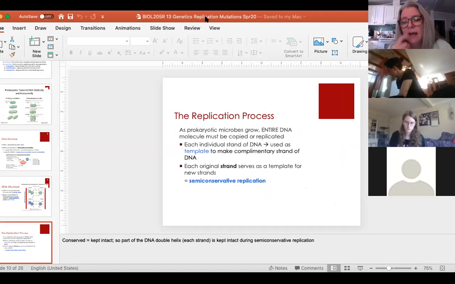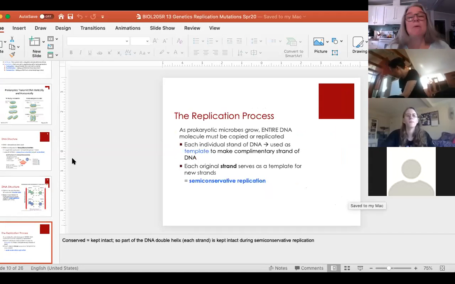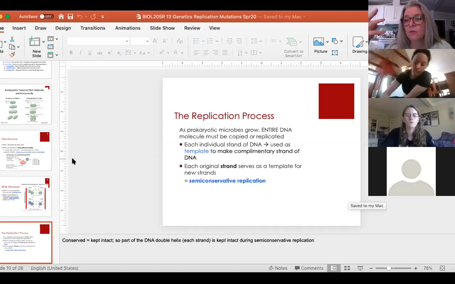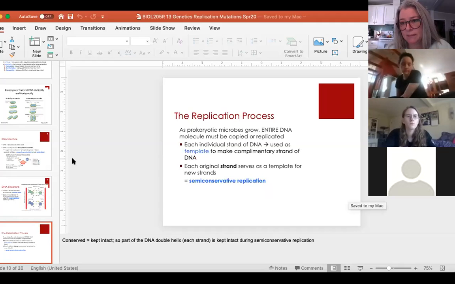We talked about how DNA replication is called semi-conservative. And remember, all that means is that each of the individual strands is conserved. In other words, it's used as a template.